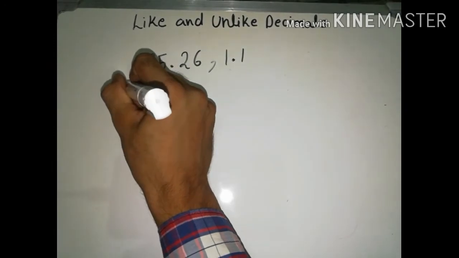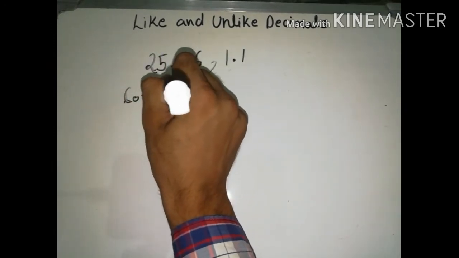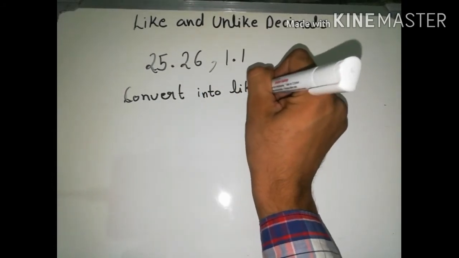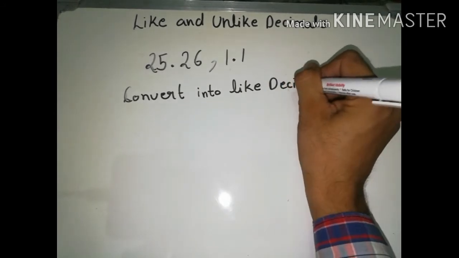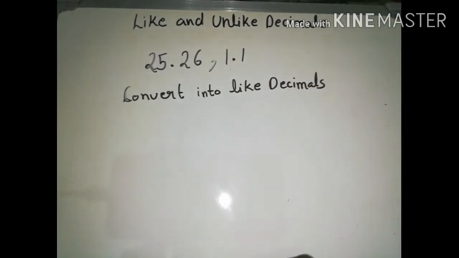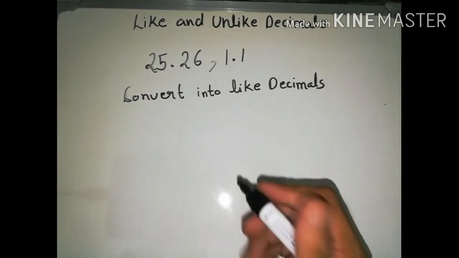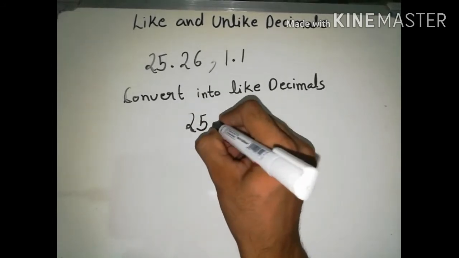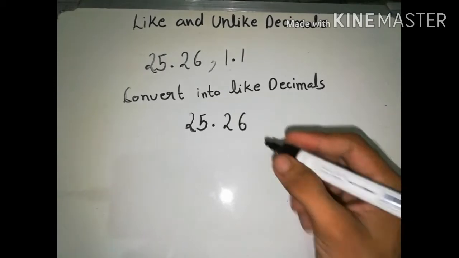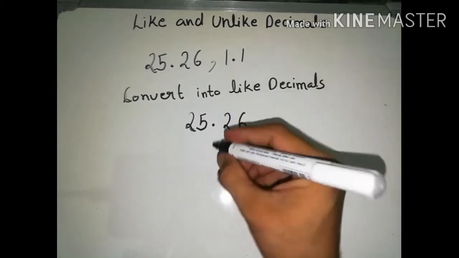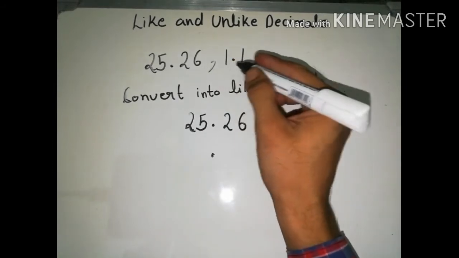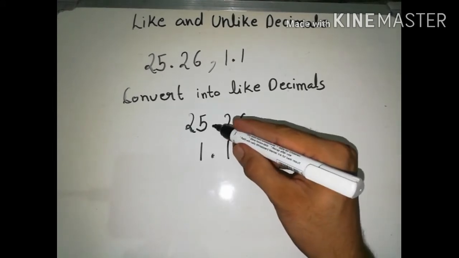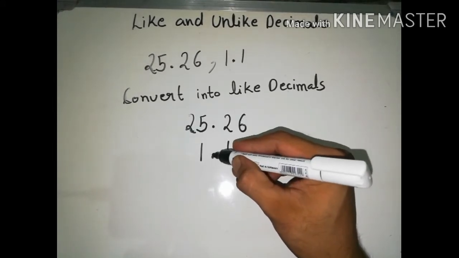So we have to convert them into like decimals. How will we convert? First of all, we will write them in a line. First is 25.26. Now the second one: first take the decimal, put the decimal, then put the number 1 and 1. Keep in mind decimal के नीचे बिल्कुल decimal आपने point लेना है.